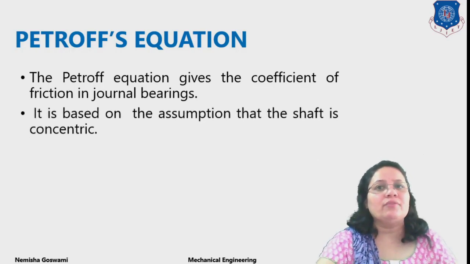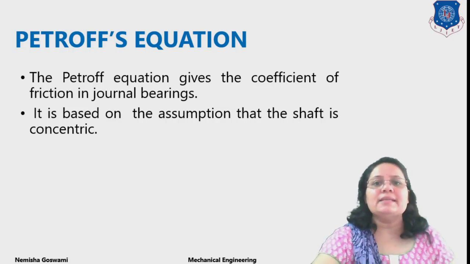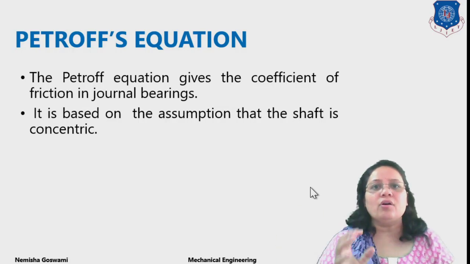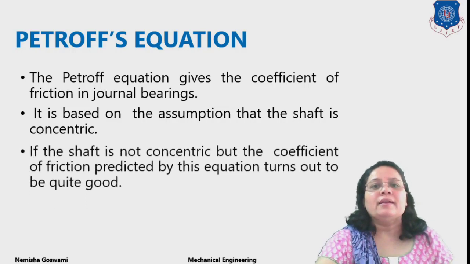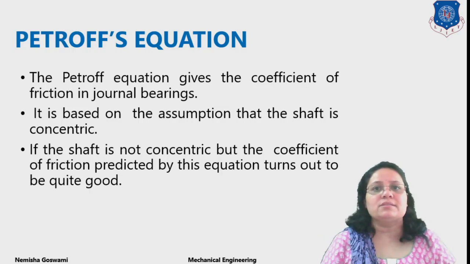Before deriving any equation, it is required to make some assumptions. The first assumption is that the shaft is concentric, meaning the center of rotation of the shaft coincides with the center of rotation of the bearing. The second case is if the shaft is not concentric.